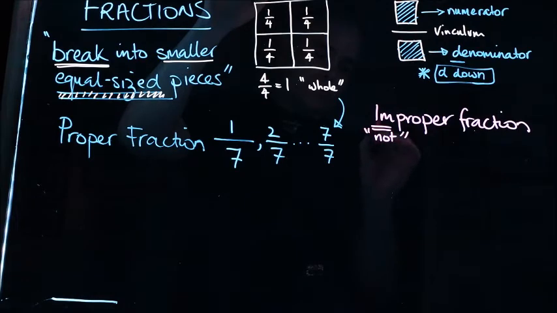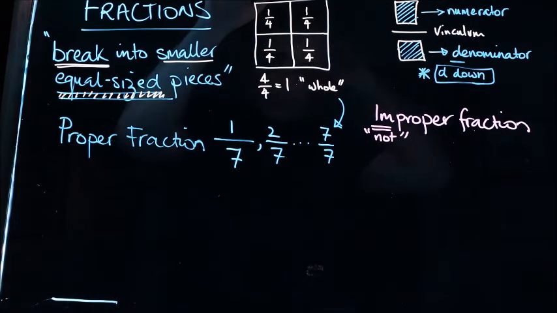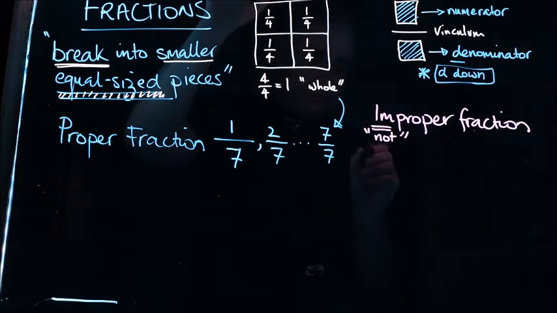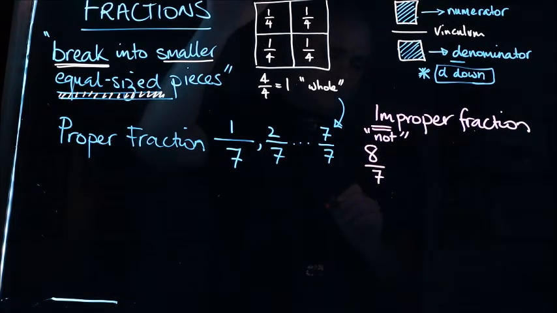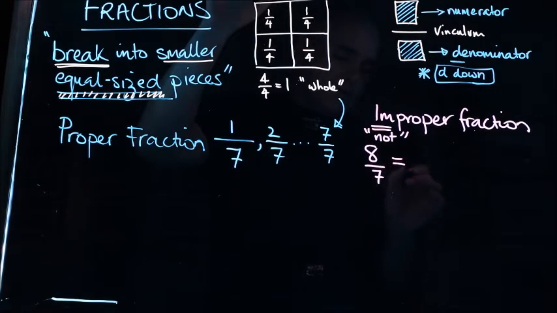This little prefix in front of proper. So guess what? What happens here is the numerator becomes larger than the denominator. Okay, so in this case, we would say 8 over 7. We could write that as equivalent to 1 and 1/7 as a mixed number.